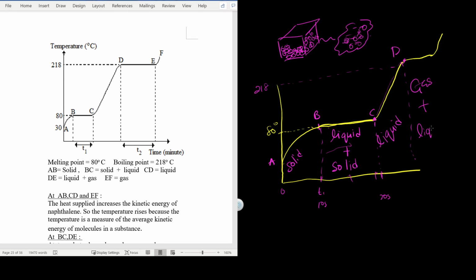So it is not completely gas or completely liquid. It is a mixture of gas and liquid. So the process will continue. Gas will keep increasing while the liquid will decrease until a certain point here.